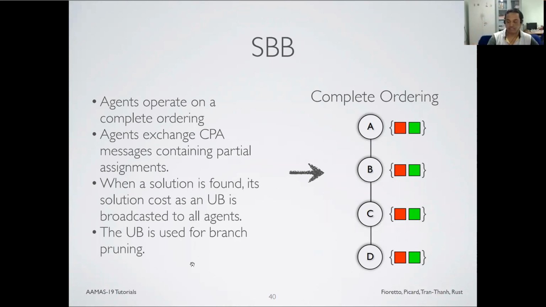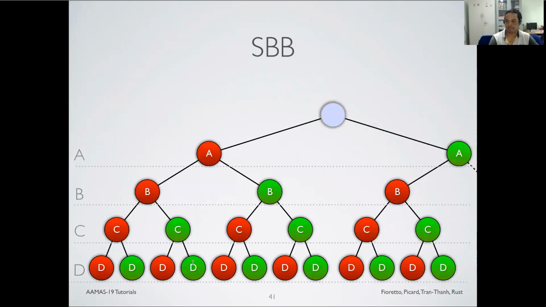So this is my complete ordering A, B, C, D. This way we will try to prune. This is my starting node with 0, I mean null. Nothing is there.